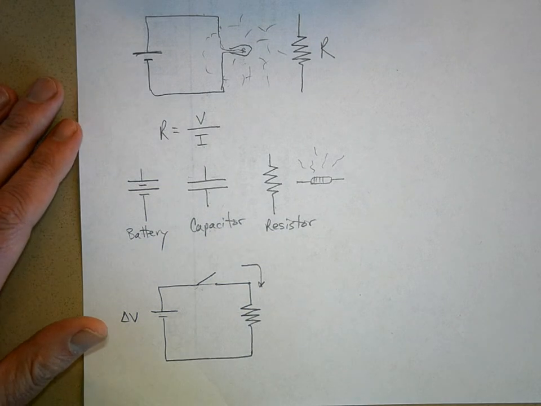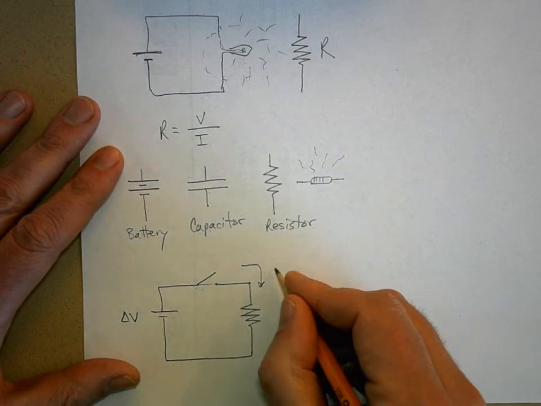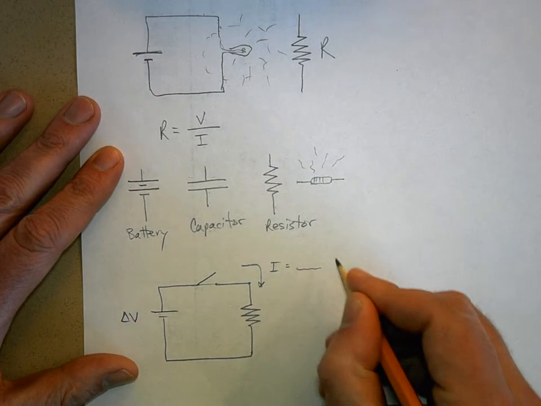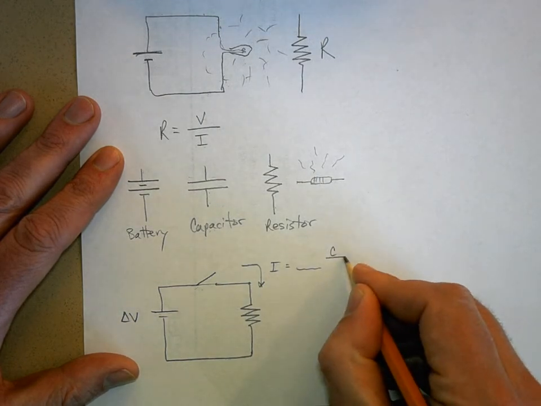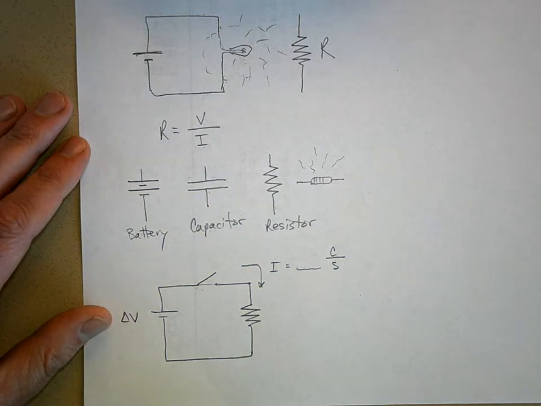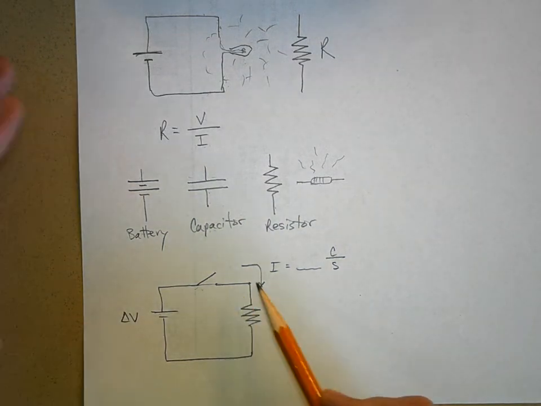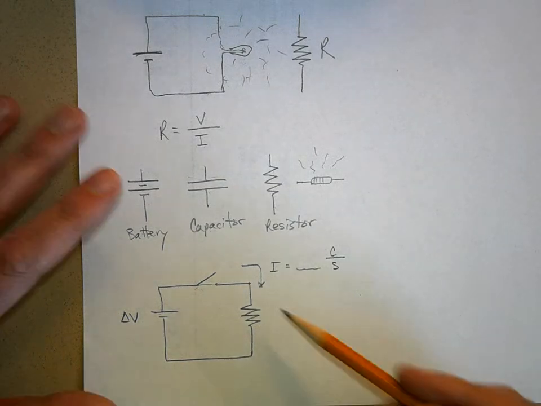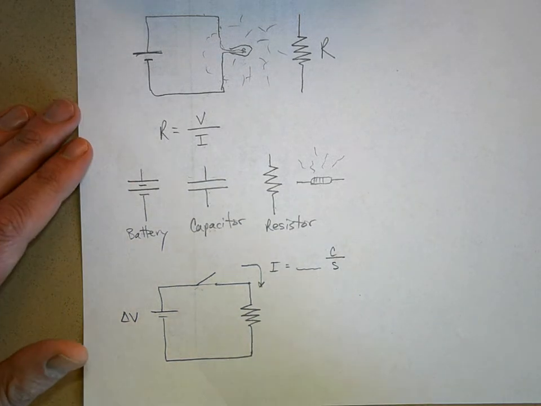Well, current I is measured in the number of coulombs of charge that go by every second. Let's say the current is 2 amps. That means 2 coulombs of charge are going to move through this resistor every second.